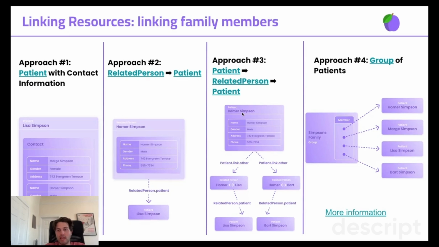Now, say you have different family members all in one system, you would use a related person resource and link those to both of the patients. With the first patient, you would use the patient.link.other. Finally, sometimes we've seen people use the group resource and use the group members to link those to patients.